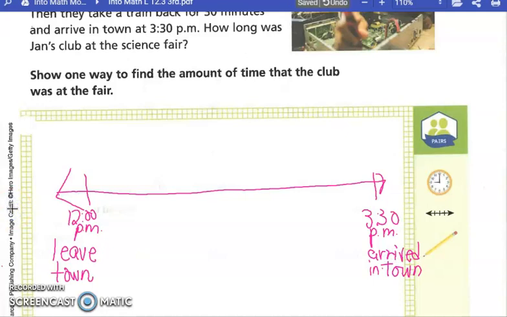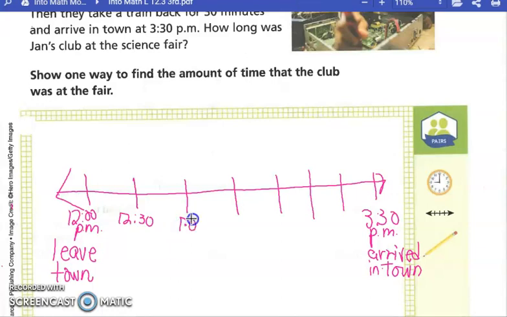Now, so we're going to go by 30-minute marks on our number line. So we're going to have 12:30, 1, 1:30, 2, 2:30, 3. Okay, so we're going to label those. This is 12:30. This is 1 o'clock.